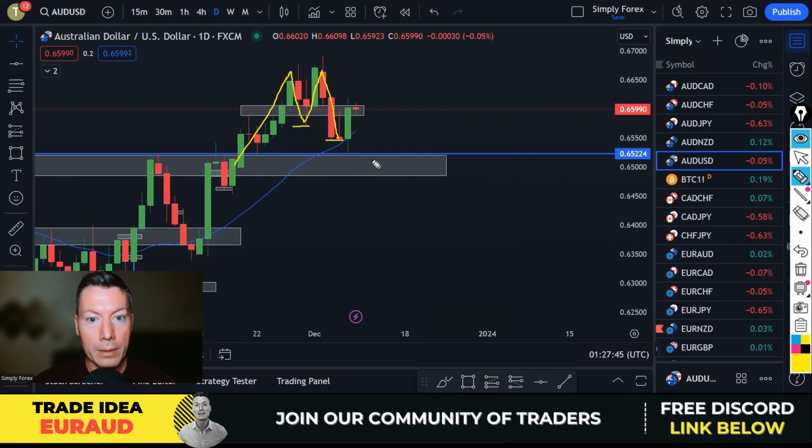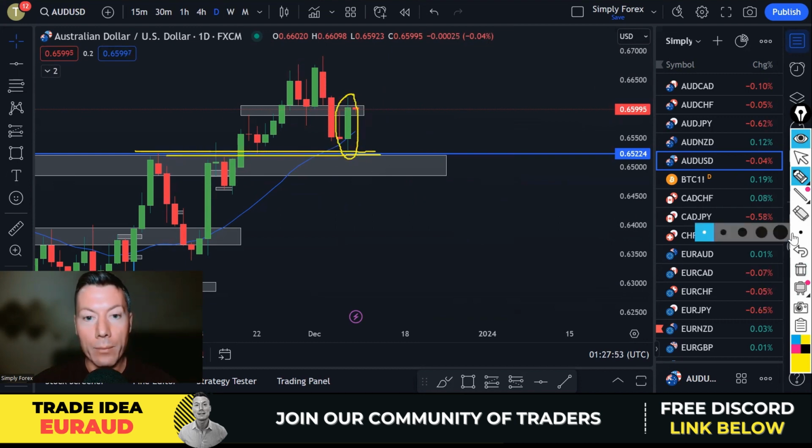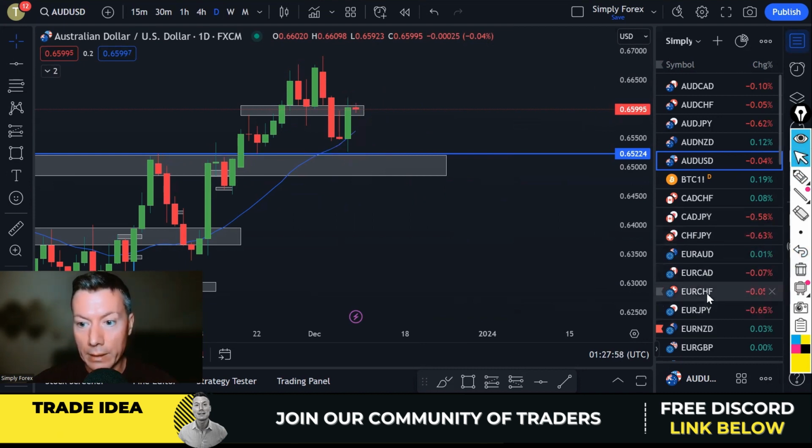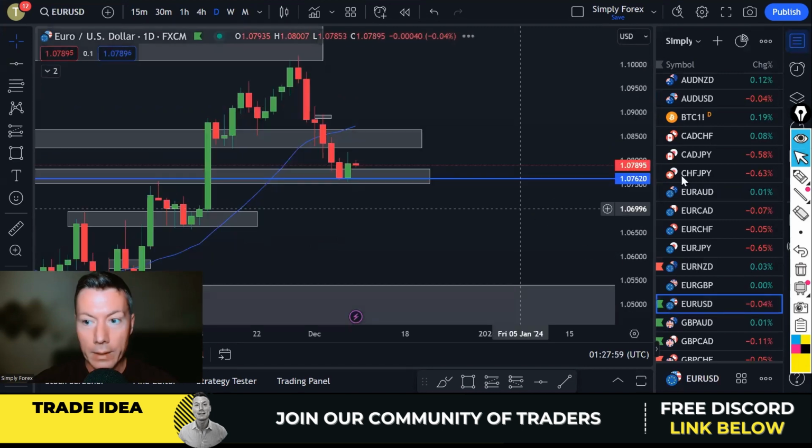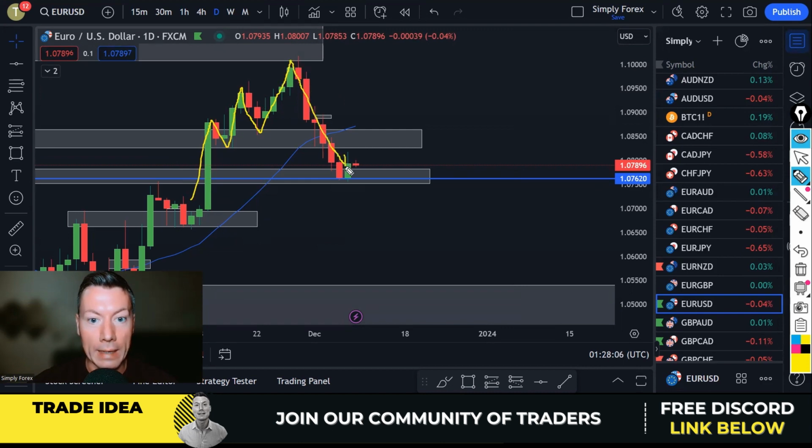But it's had a massive bounce off of a very important support level in here, as you can see. And we've also had Euro US dollar. We were looking at this for a trade as well, because this broke down. But these are the only US dollar pairs that have been breaking down, and pound US dollar.